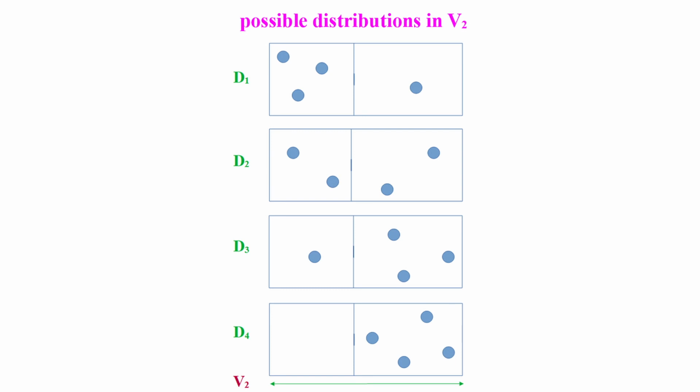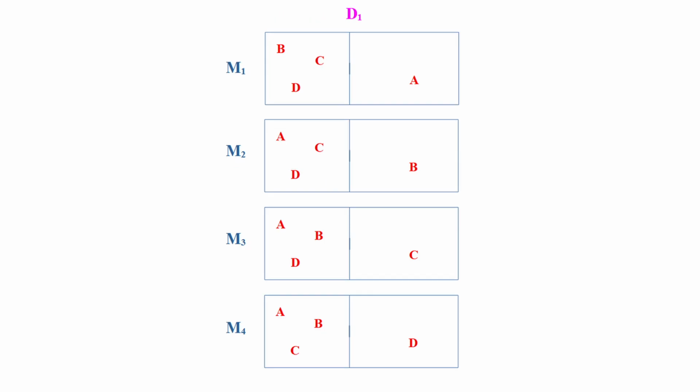Finally, in D4, all the 4 particles are on the right with the left compartment being empty. Now, let us analyze the number of possible microstates corresponding to each of the above 4 possible distributions.